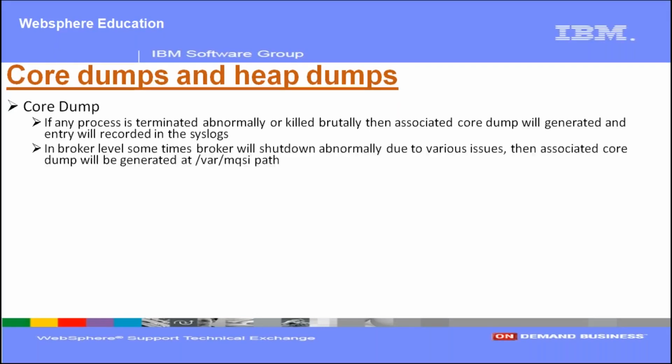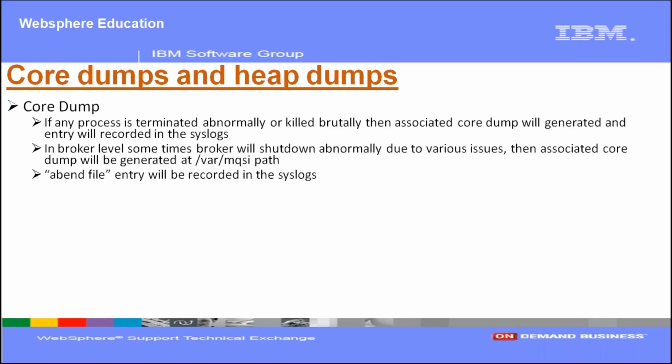At broker level, sometimes the broker will shut down abnormally due to various issues. Then the associated core dump will be generated in the workpath, MQSI path. The workpath is the broker working path, which we are going to see in the future sessions. But the core dump is generated in the workpath whenever the broker process shuts down abnormally.